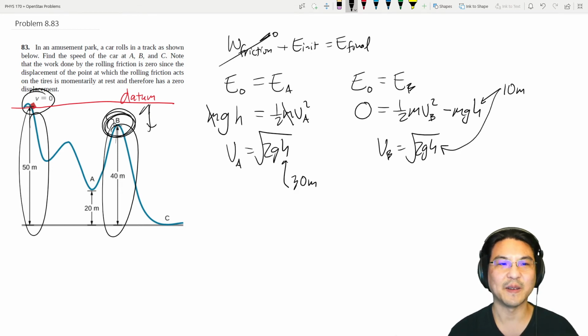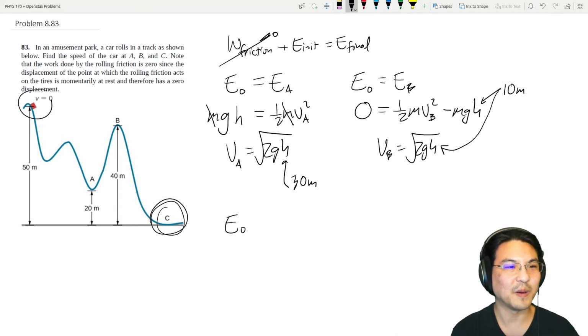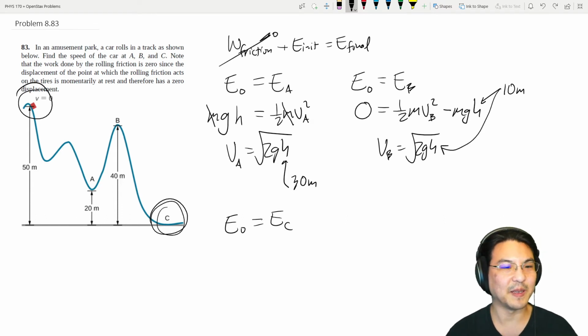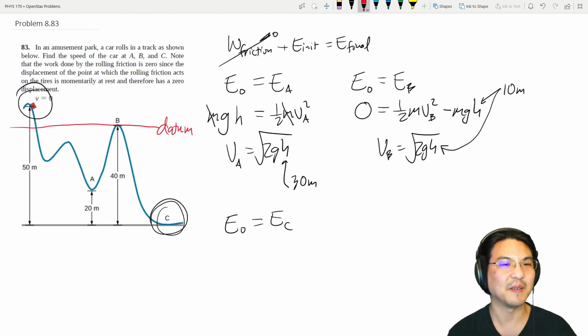Now let's go with point C over here. So initial up here, and then final over here. And now let's pick a datum somewhere different. How about here?